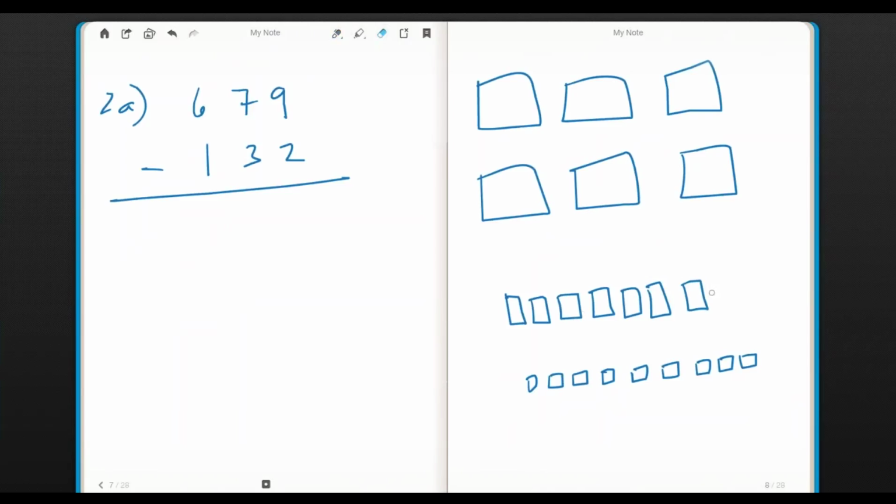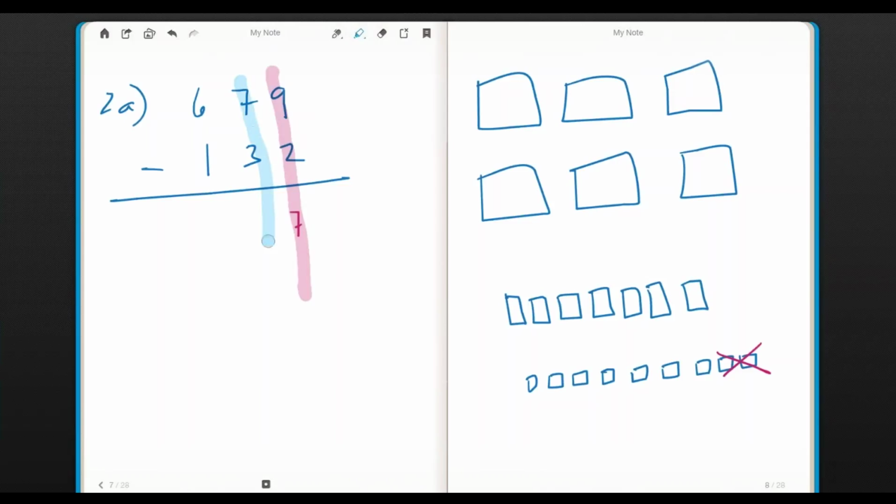On the other side of the page, we do some subtraction without renaming. Subtraction's even easier mentally because you think of having 6 hundreds, 7 tens, and 9 ones. I'll cross out so we don't lose them. If I take away 2 ones, starting with 9 ones, I'm going to have 7 ones left.